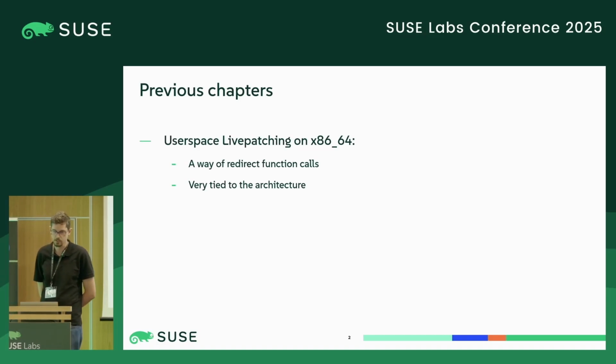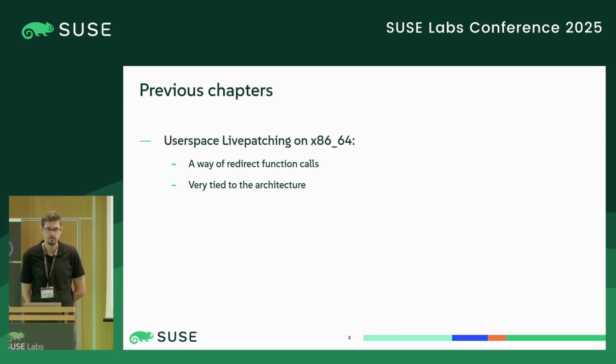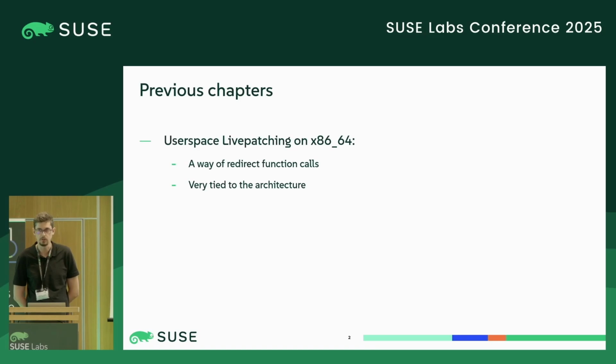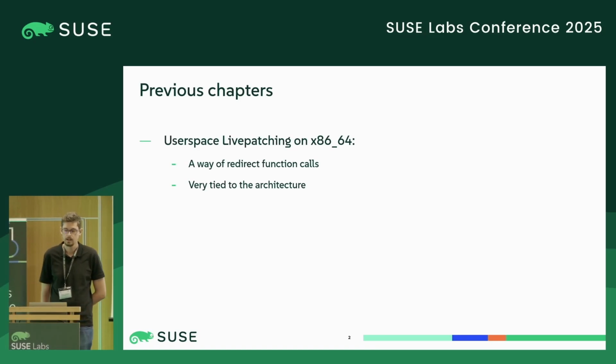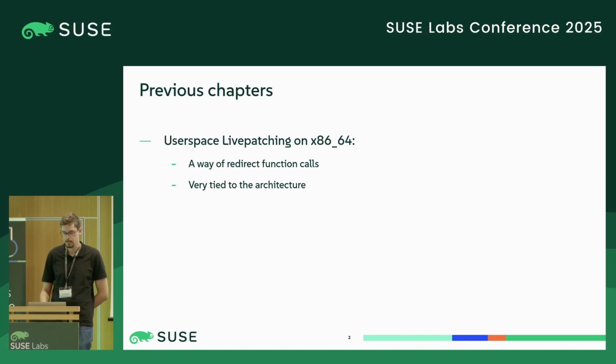If you call a function that has some bug, and you want it fixed without reloading the program, you load a new version of the function and call it instead. So any call that would go to the older version of the function is now redirected to the new version. And it's very tied to the architecture, because every machine has its own way to redirect functions.